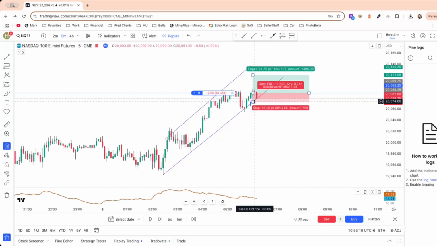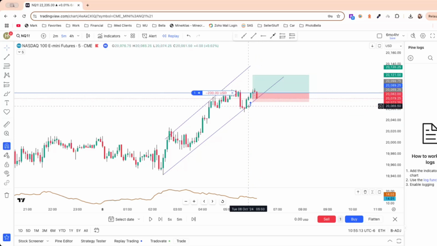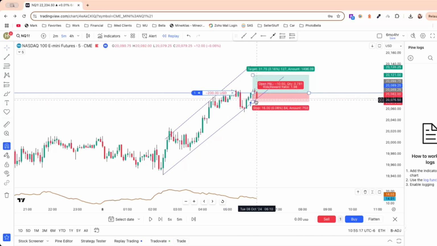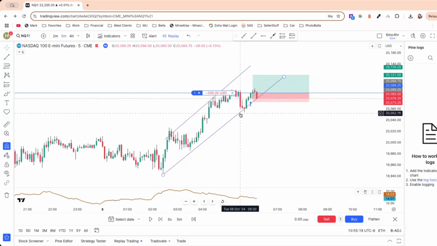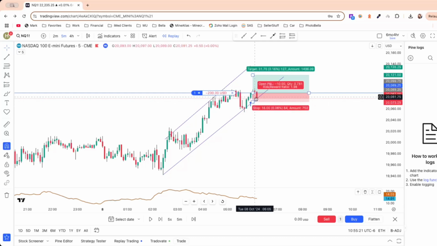Okay, so we've come back to the trend line. That is okay. That's not super concerning, but what is concerning is that this bar is a shaved head bar, I think it's called, where there is no bottom wick, which makes me worry that we're just going to keep going down right here.